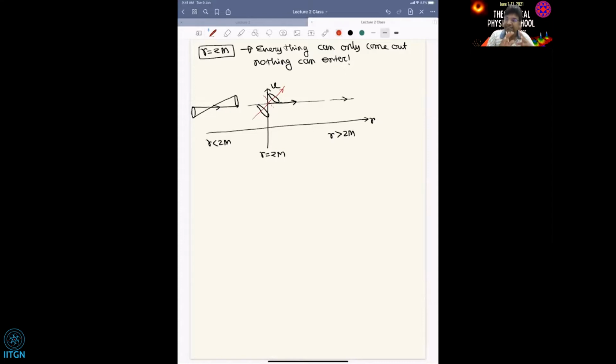This paradox can easily be resolved by understanding that by using ingoing and outgoing light rays, you are actually reaching different points in space-time. So let's understand that.